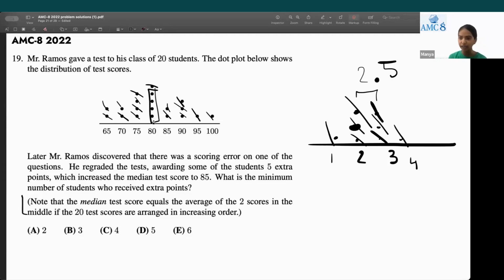But we know the median is 85, and there's no in-between, so it's just 85. In this case, you have to move all 4 students to 85, meaning that is the least number of students he can give extra points to. And that's how we got answer choice C, 4.